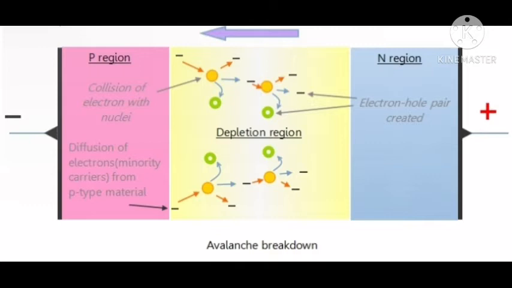Say for example, due to the breakage of the covalent bonds, 4 electrons have been generated. Now these 4 electrons will further break more covalent bonds and this will keep on increasing, and this phenomenon is called avalanche breakdown.